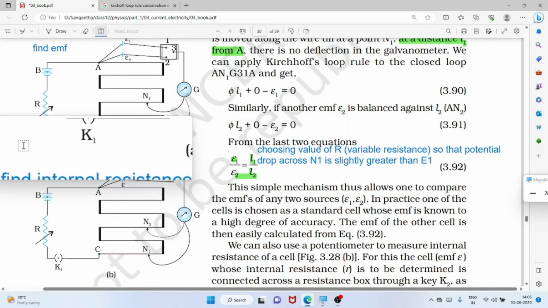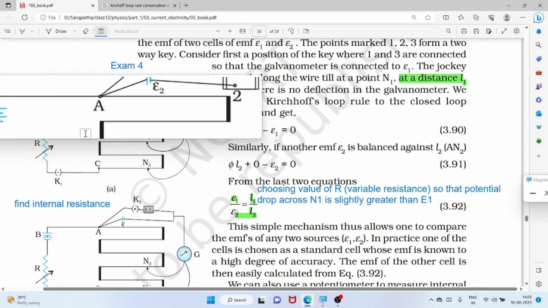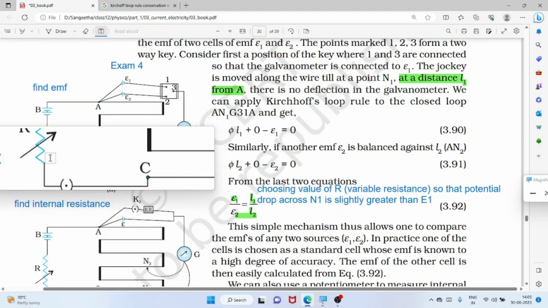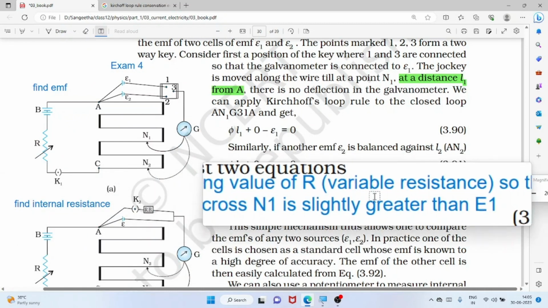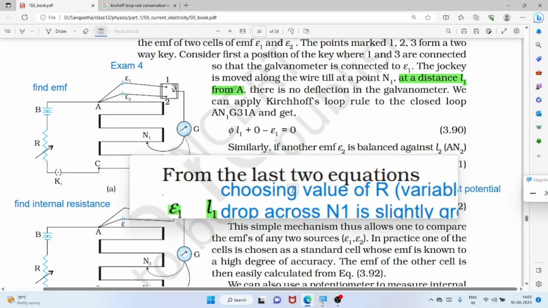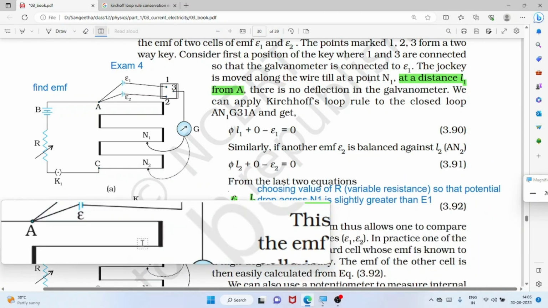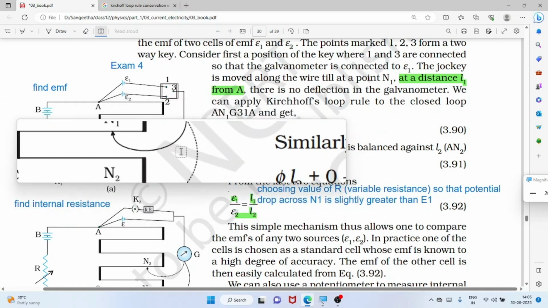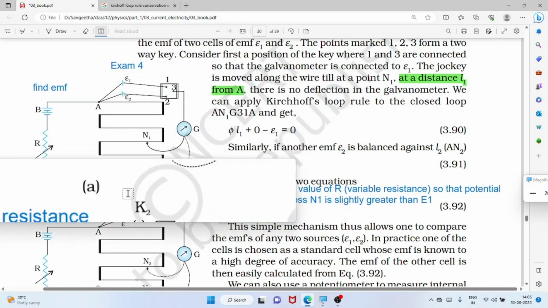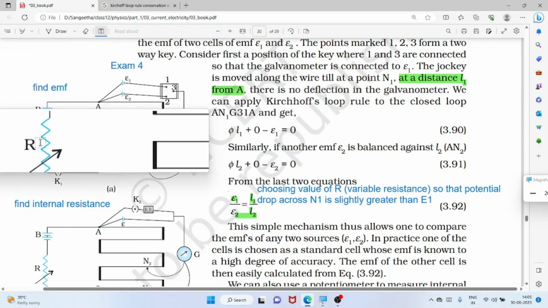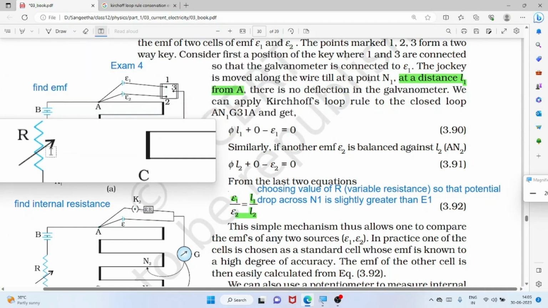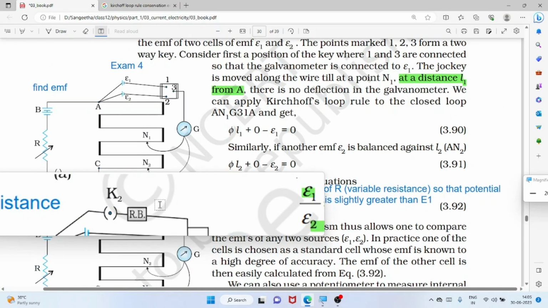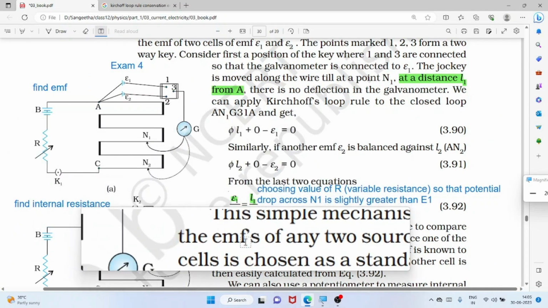Choosing the value of R. When you want to compare the EMF of this cell, you have to adjust this value of R such that the potential drop across A to N1 is slightly greater than E1. So accordingly we have to adjust the value of this variable resistance. That is the potentiometer condition. Otherwise you may not get the null point here.